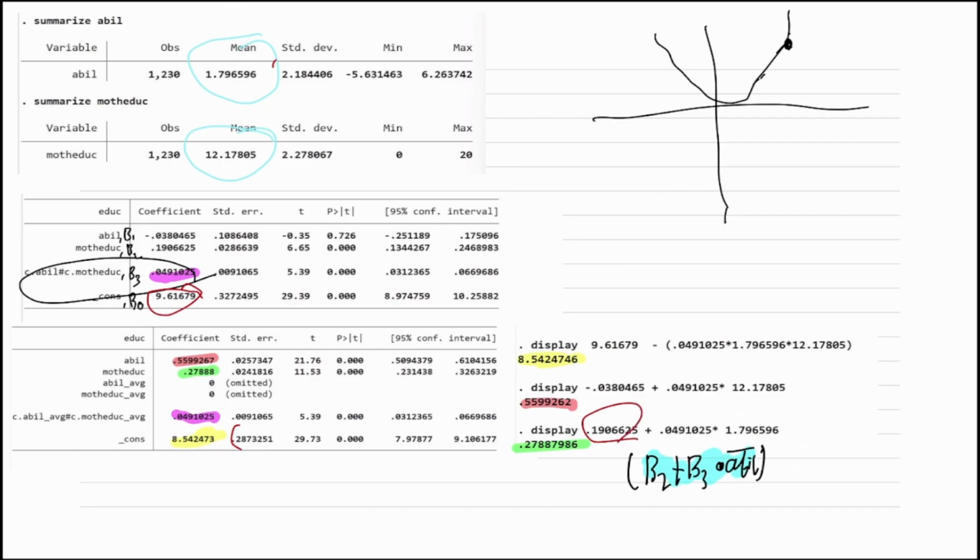You can see this is beta 2 here. And we have beta 3. And we have the average of ability. And now we get the new coefficient of mother education, 0.2788. And we validate our result by seeing the new regression, 78.